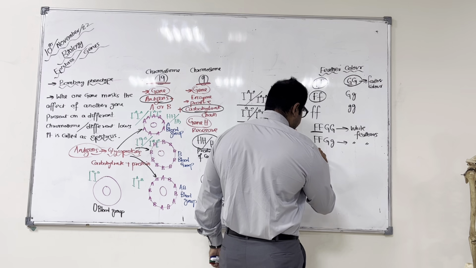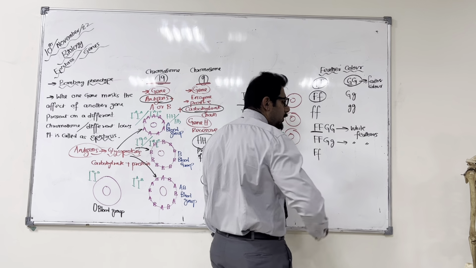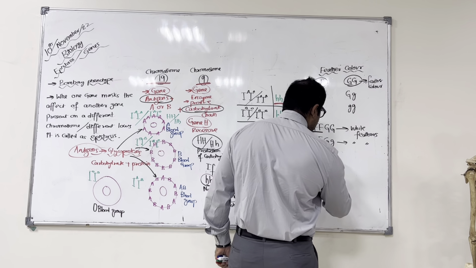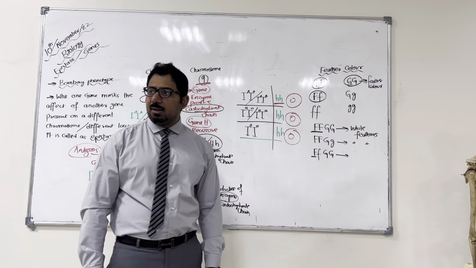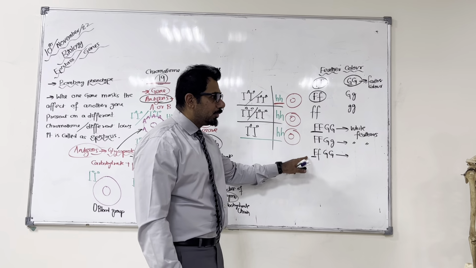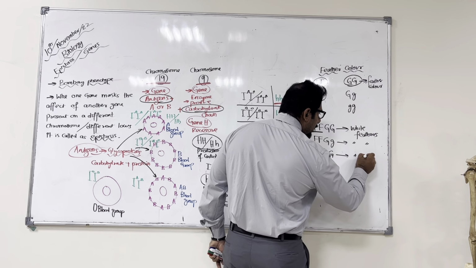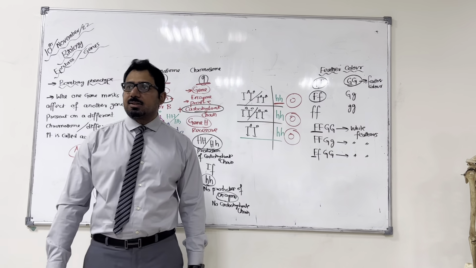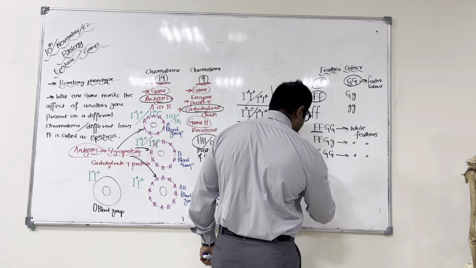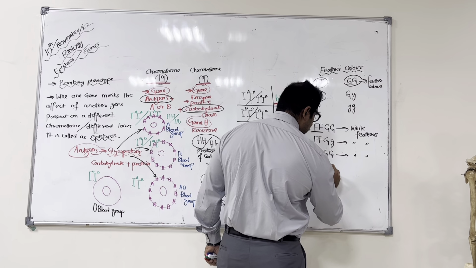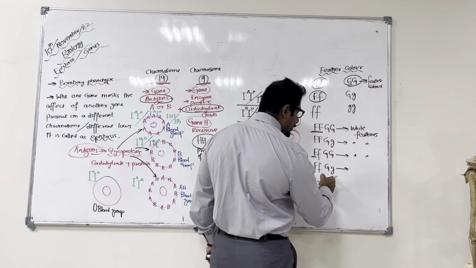There is another possibility. Capital F, small f, capital G. Still one dominant allele is there for the F, so it will still be white feathers. Right? There is another possibility: capital F, capital G, small g.